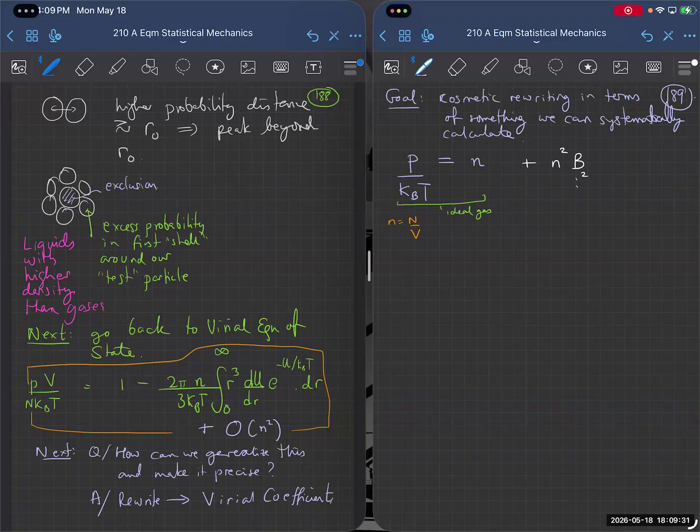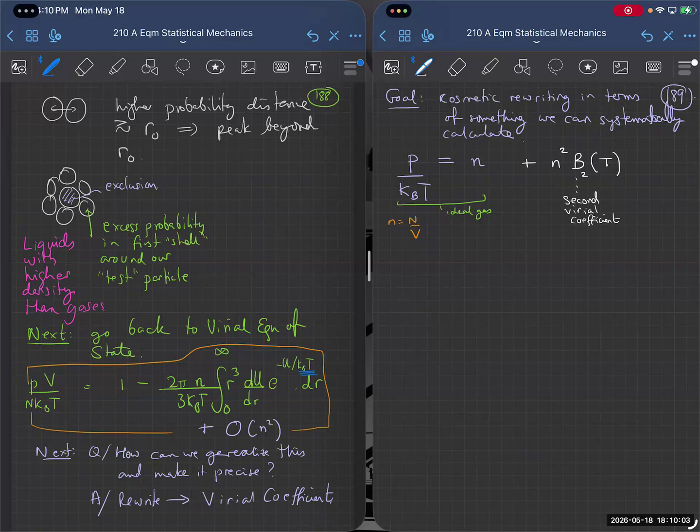B2 stands for second virial coefficient. And because the formula on the left-hand side has temperature in it, that temperature is in there because of our formula for the two-point correlation function. So this B2 is going to depend on temperature.